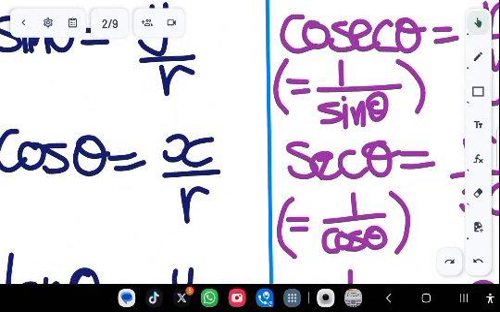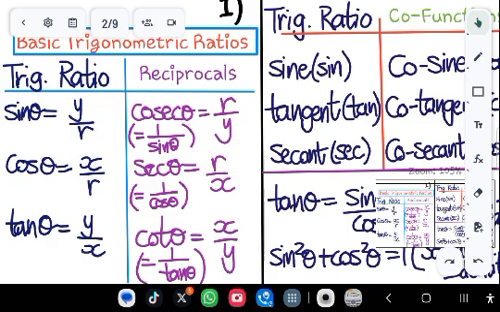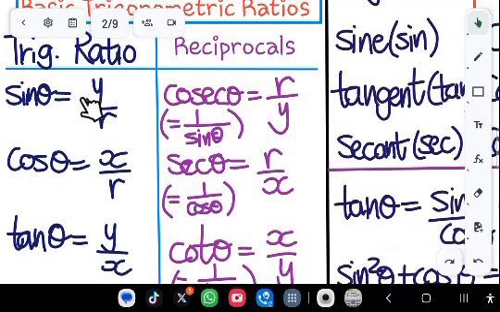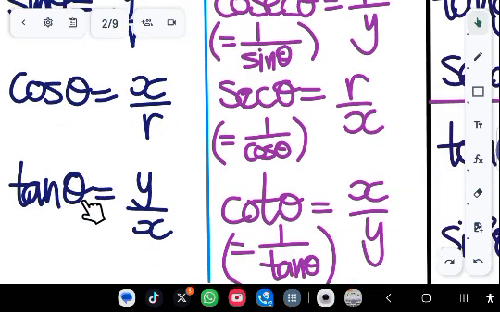It represents the adjacent side, in other words, the side next to that particular angle. Now we've got this. Sine is expressed as opposite over hypotenuse, which is y over r, and then you've got cos expressed as adjacent over hypotenuse, which is in short x over r, and then you've got the tangent of theta, which is expressed as opposite over adjacent, which is y over x.